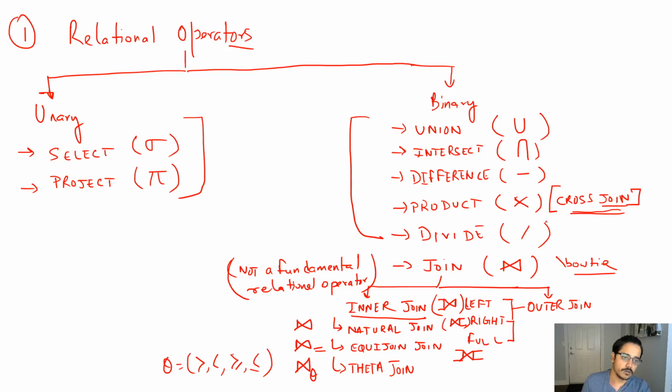So what we will do now is we will go through the slides one by one and talk about the concept of these different relational operators. Okay. So the first one is the select operation.